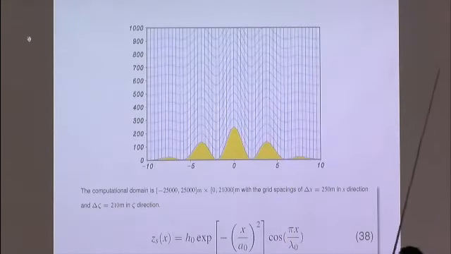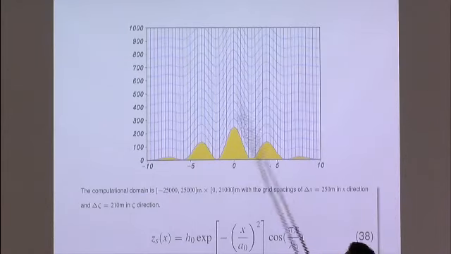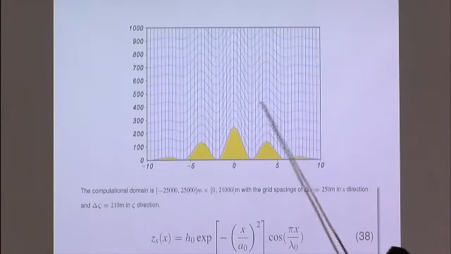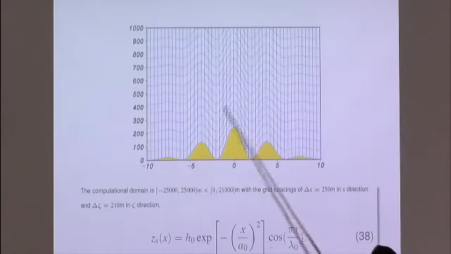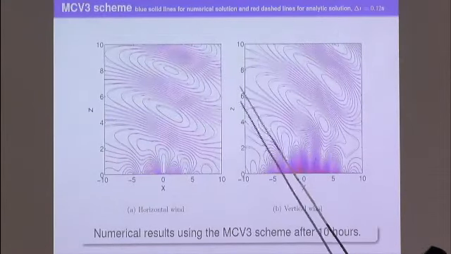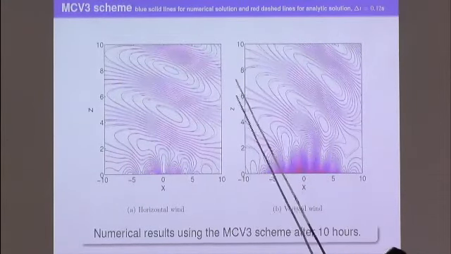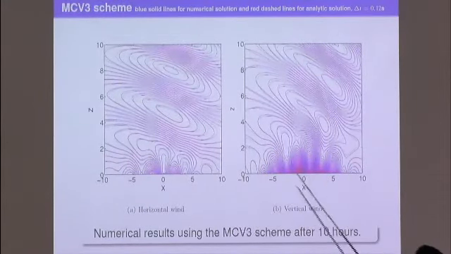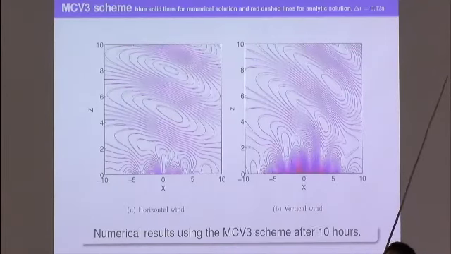Next, I will show you the mountain test. This is the current mountain profile here. We just show part of the mesh domain. Yes, this is the third-order simulation result after 10 hours. I just show you the 2 hours result.